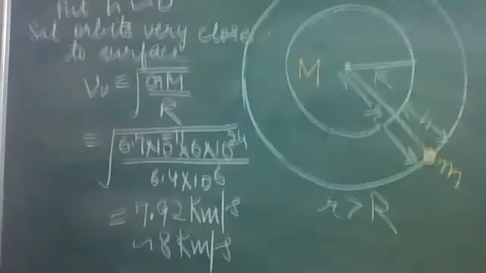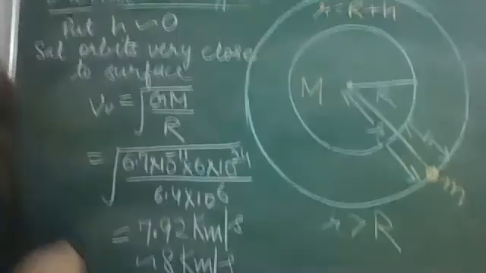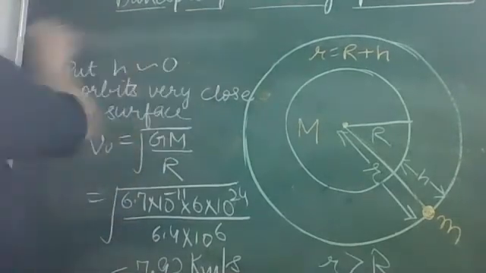All right. So this is about orbital velocity of a satellite. Now let's find the expression for height of satellite from the surface of Earth. That means we want to find h now. So give the second heading, height of satellite, h.